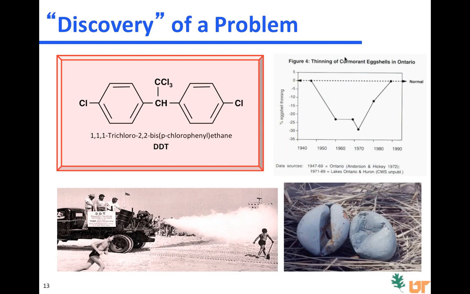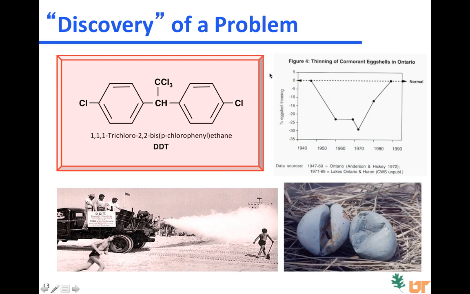The slide is entitled Discovery of a Problem. So DDT was a solution for many problems at the time. It was a fantastic chemical for combating insects that would harm high-value crops. It was also a fantastic insecticide to control mosquito populations and malaria. And you see the application in the bottom left part of that slide. So it was used extensively.